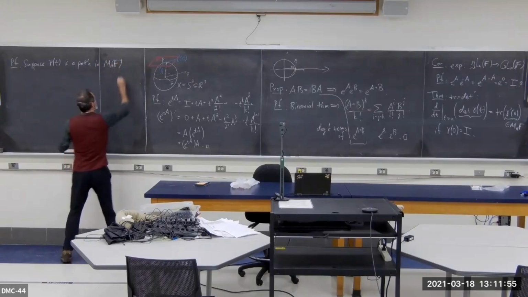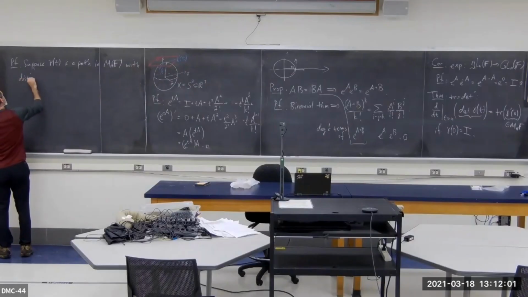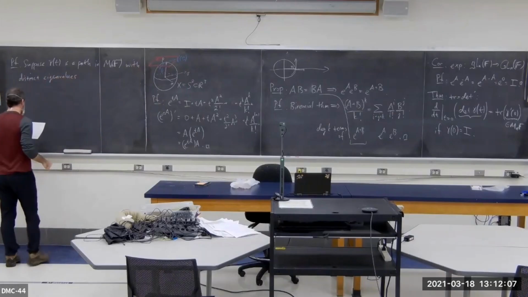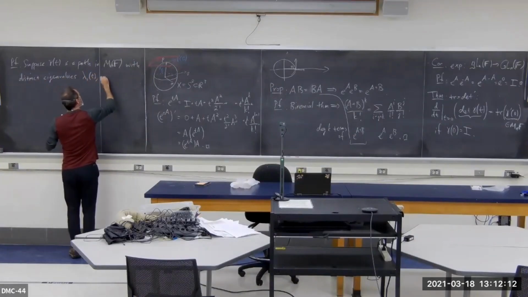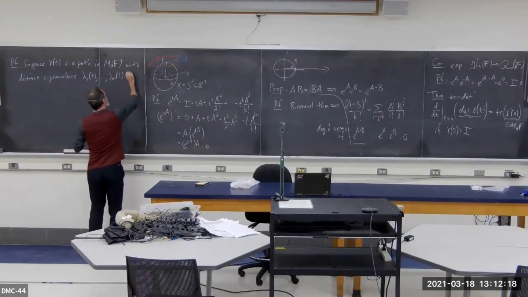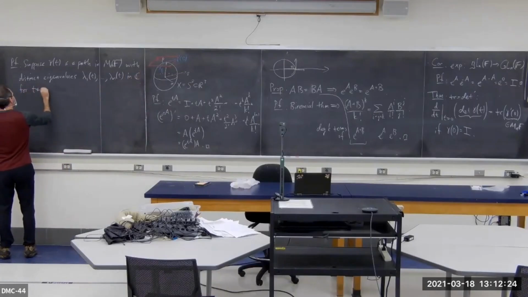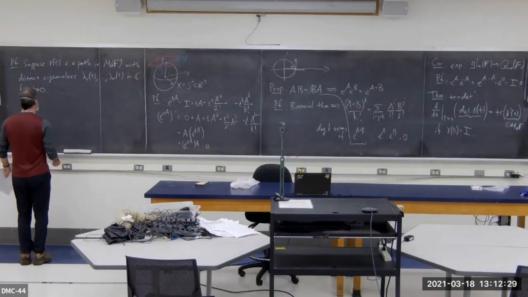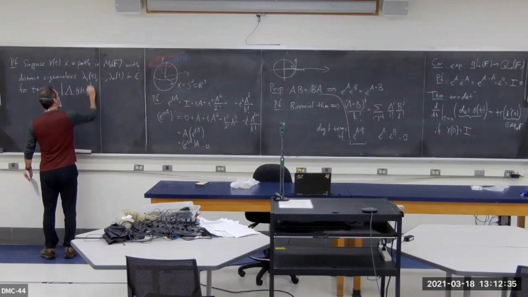And let's suppose that it has distinct eigenvalues, lambda 1 of t through lambda n of t, in C, and that's for t not equal to 0. Let's just suppose that these things have distinct eigenvalues. So how would I write that? I would say that the size of the spectrum of gamma of t is equal to n.